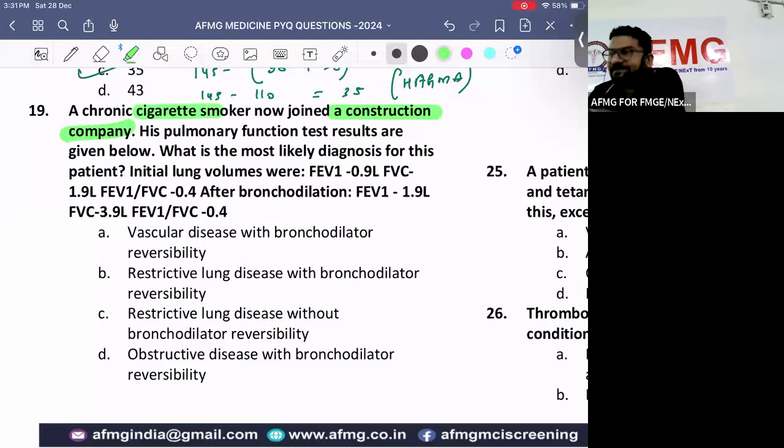But ये cigarette smoker भी दिया है, so it could be obstructive lung disease. Pulmonary function tests are given below. Then you can see initial lung volumes are FEV1 0.9 liter, FVC 1.9 liter, ratio is 0.4. After bronchodilator, FEV1 1.9 liter, FVC 3.9, FEV1/FVC ratio 0.4.